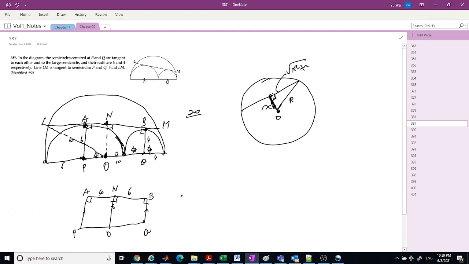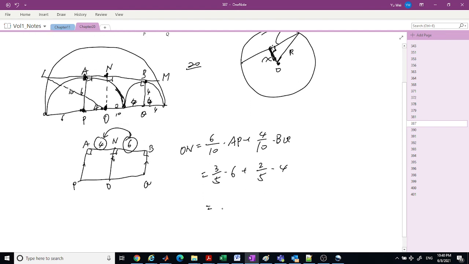So now ON is equal to, by the ratio, 6 over 10 times AP plus 4 over 10 times BQ. So this is 3 over 5 times AP, which is 6, plus 2 over 5 times BQ, which is 4.